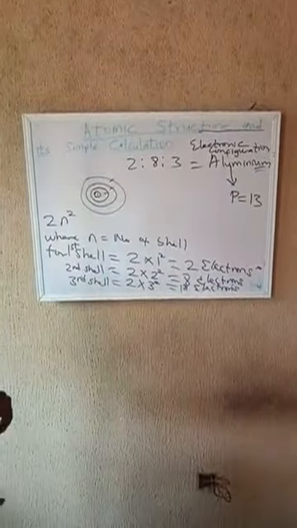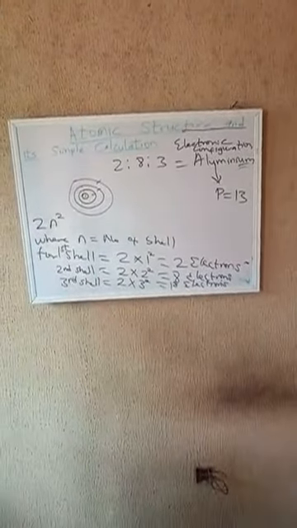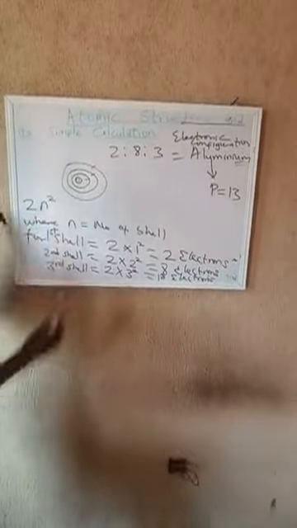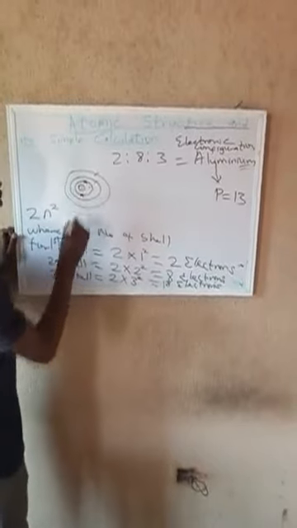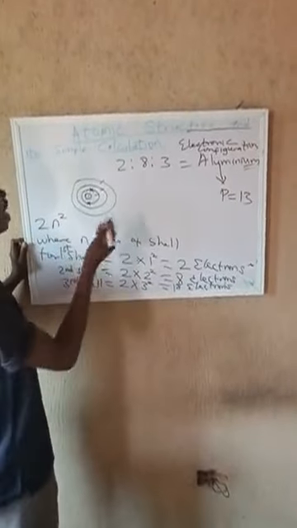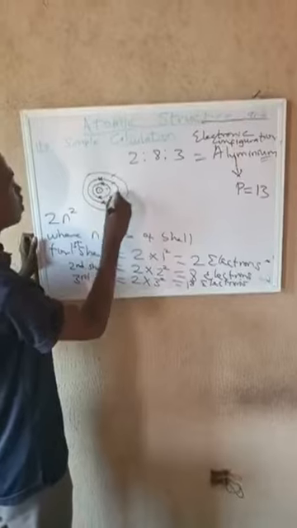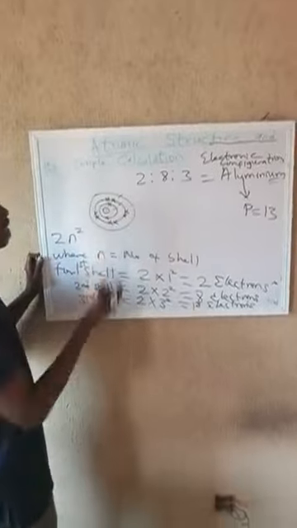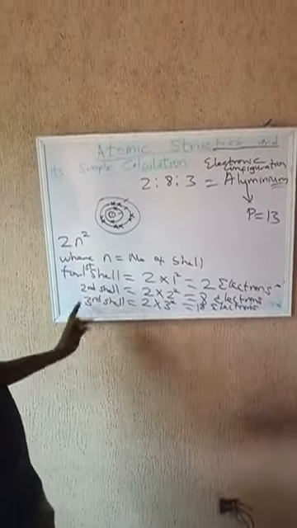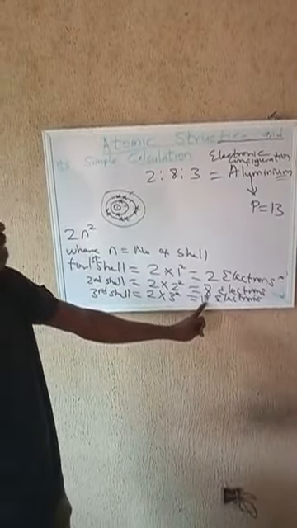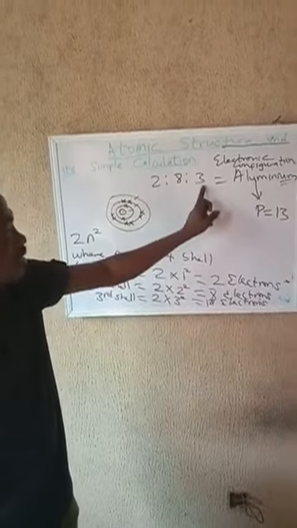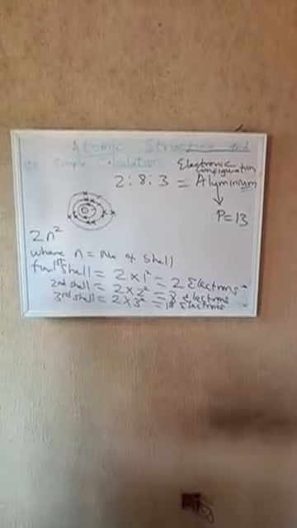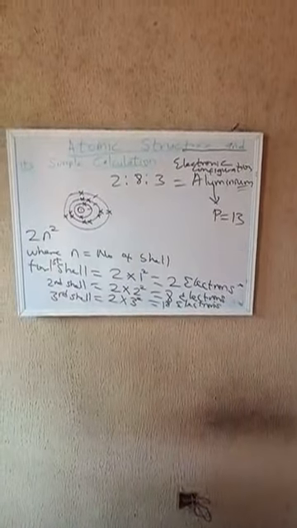So if you want to fit the electrons of aluminium into its atom, the first shell is going to have 2 electrons, the second shell will have 8. The third shell can accommodate 18 electrons, but aluminium has 3 left. That means we're just going to fit it in only. That is how it is done.